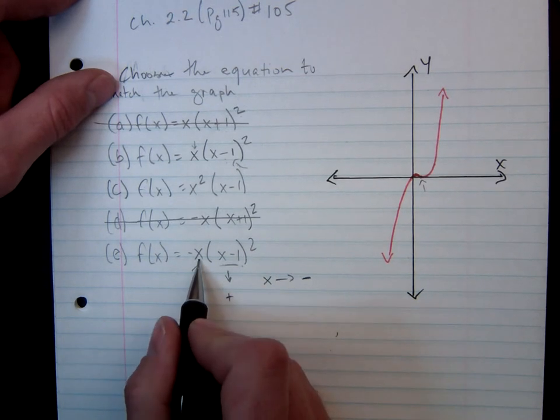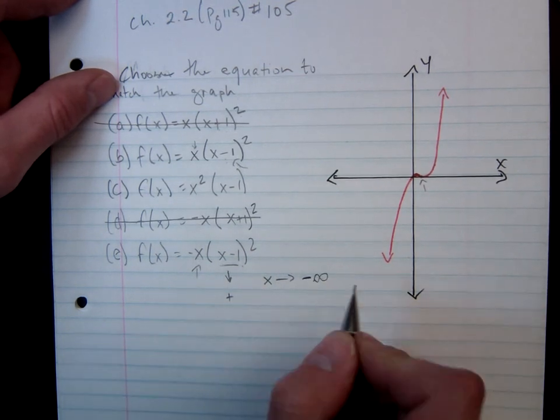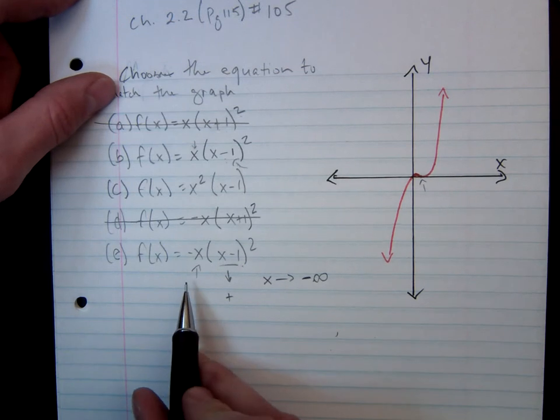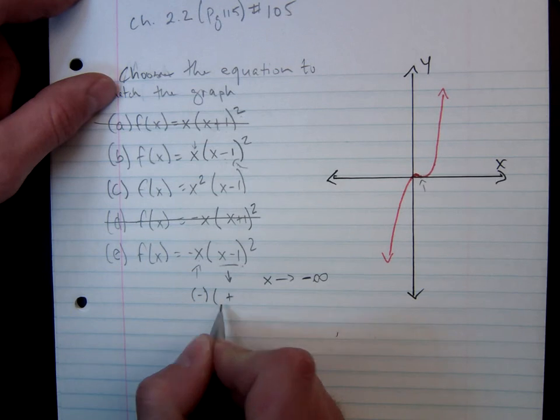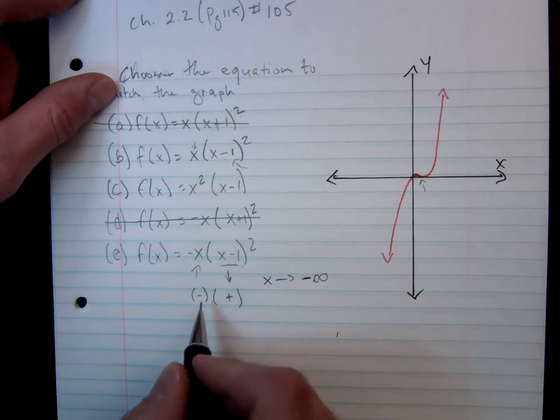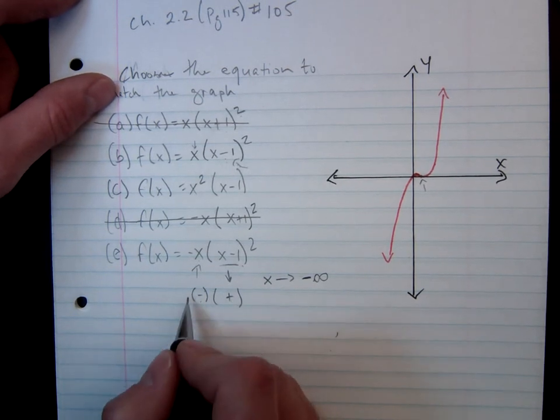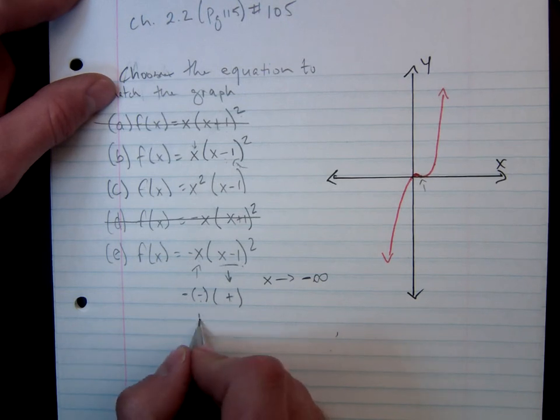So as x approaches negative infinity, we're going to have a negative x, so this would be positive. Then we have a negative in front. Well, a negative and negative gives us a positive.